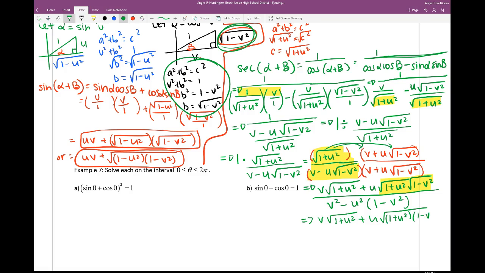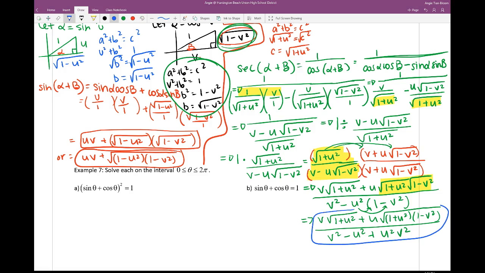Either way, they are the same. All over, on the bottom, v squared, I'm just going to distribute this, minus u squared times negative v squared, a negative u squared times a negative v squared is positive u squared v squared. Well, not much you can do, so guess what? That is my final answer.